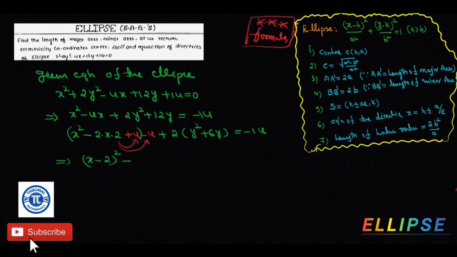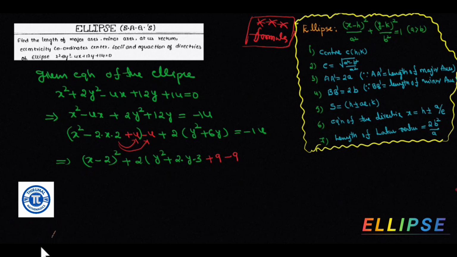Next, plus 2 of y square plus 2 into y into 3 is 6y, so here we add plus 9 minus 9. Taking the 4 to the right side, we get minus 14 plus 4.